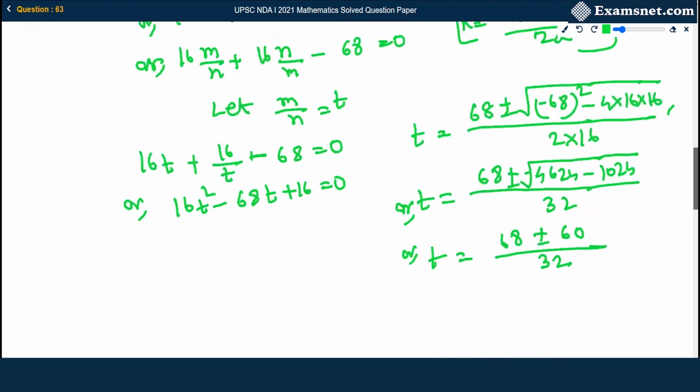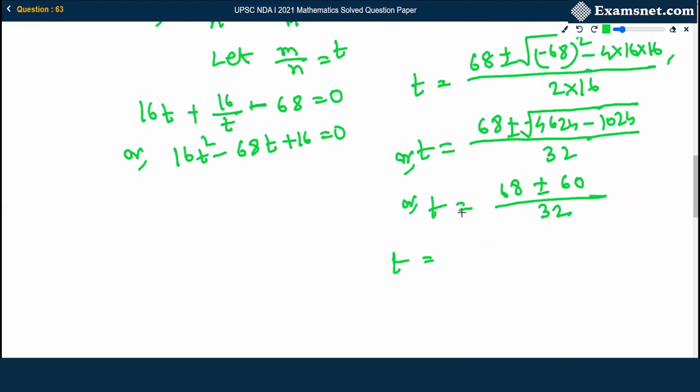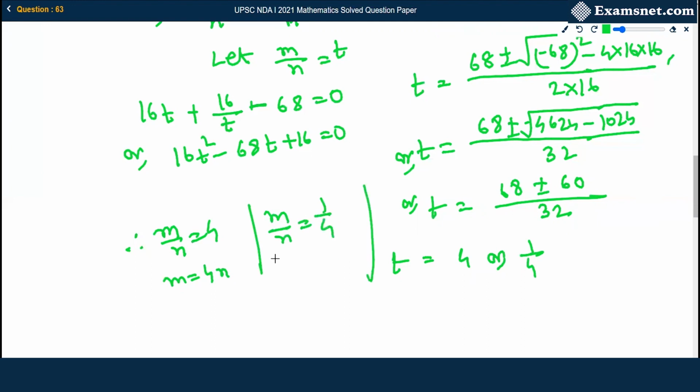So it gives us t equals either 4, if I take plus, or 1 by 4, if I take minus. So therefore m by n equals 4, so m equals 4n, or m by n equals 1 by 4, so 4m equals n.